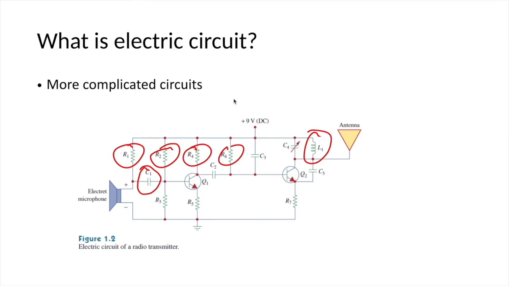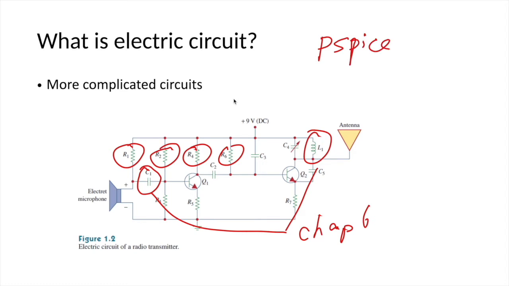We will introduce the capacitor and the inductor in chapter 6. For a complicated circuit, we usually conduct the analysis not by hand but by software. In this course, we will introduce PSpice, which is software widely used for circuit analysis.